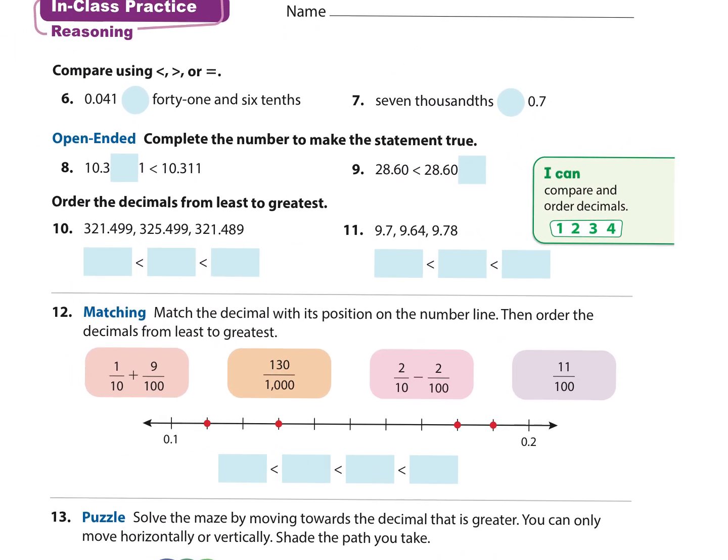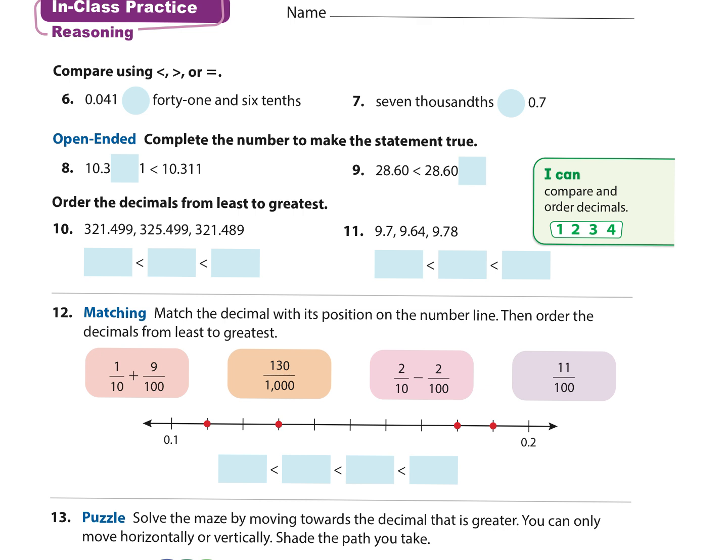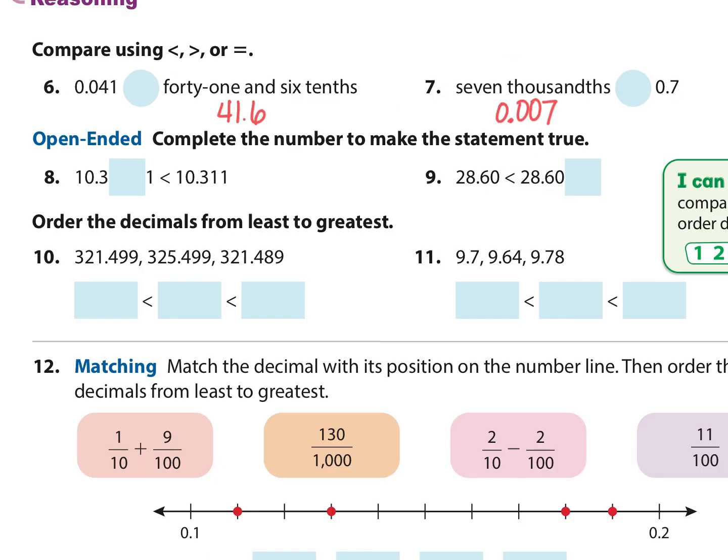I want you in your table to try number 6. You're still using comparing symbols. This time, though, it gives you one of them in word form. So write it in standard form so that you can compare them. Okay, so if you took those word forms and you wrote them in standard form, like a regular number, you would have 41.6 on number 6. Okay, looking at this, do I have a greater number on the left side or the right side?